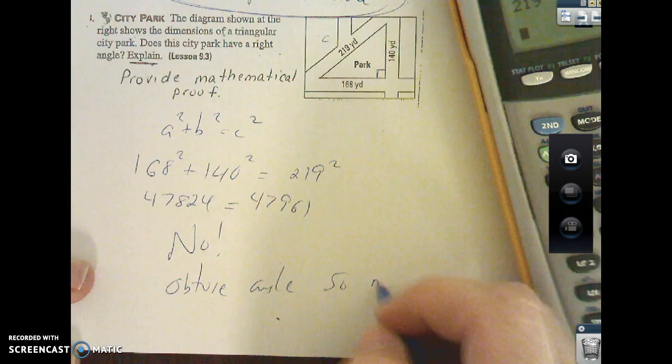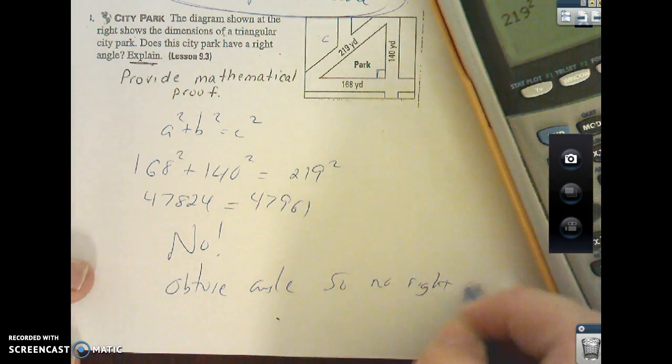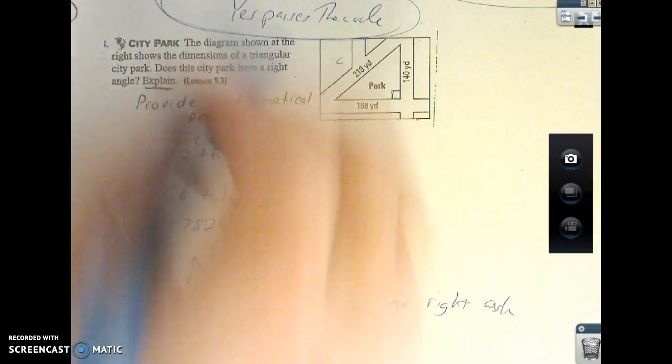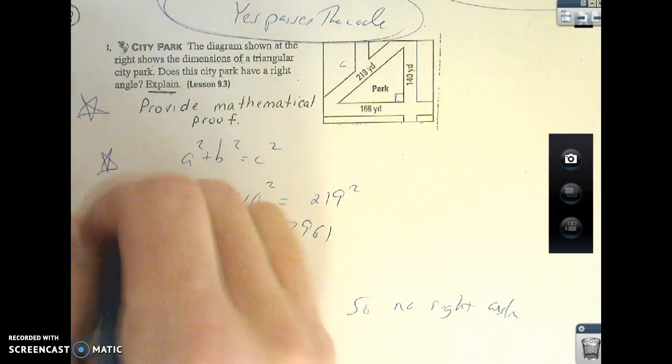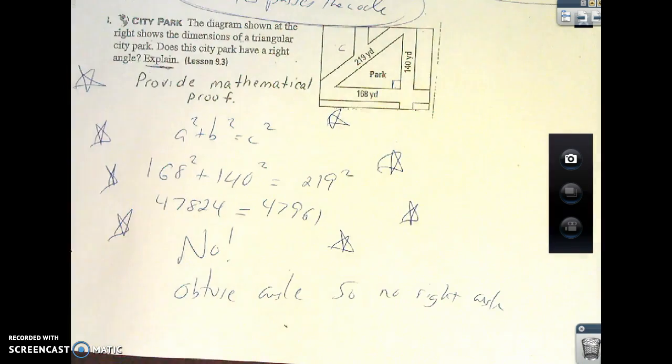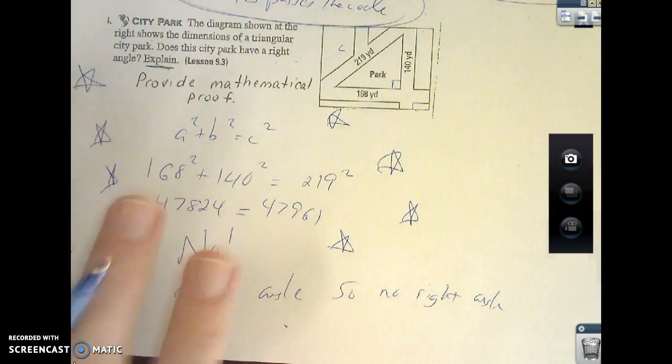So, no right angle. Please see how easy that is, because I want you guys to all do this one on the test. Okay, make little stars, be all happy about it. Good stuff. Alright, flipping to the back page.